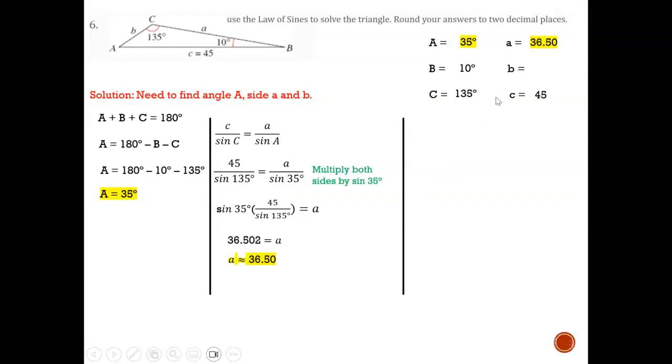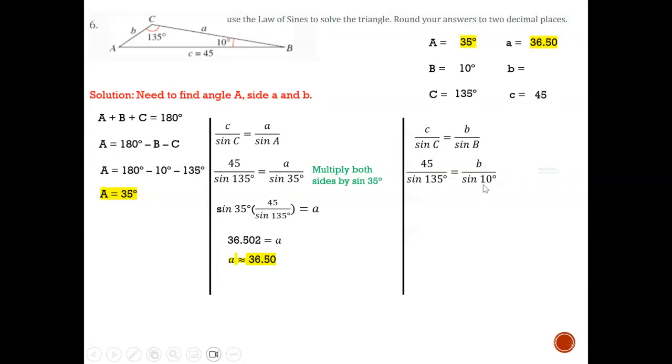Now to solve for side B, again we use a pair that was given from the start, which is angle C and little c. Just plug everything in, right? My c is 45. My angle C is 135. We're looking for side B. And my angle B is 10 degrees. So it'll be sine of 10 degrees.